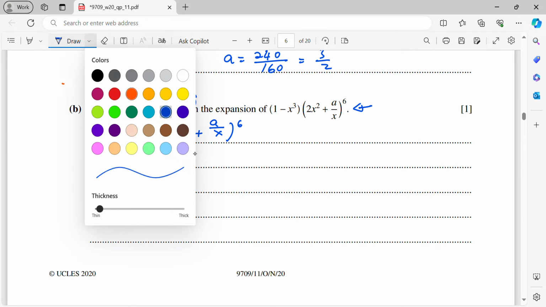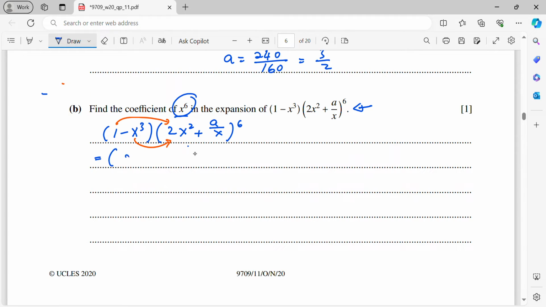So I will be getting 2x squared plus a over x degree 6 minus x cubed times the summation. Okay, I will just write like this: 2x squared plus a over x degree 6.